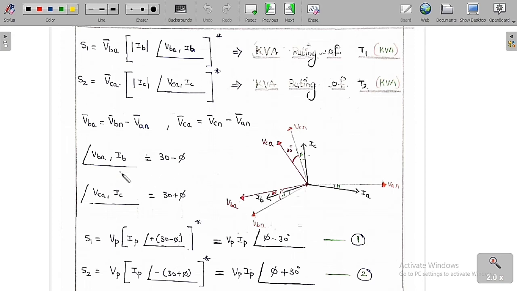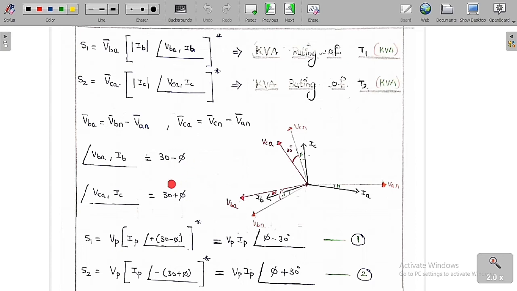What is the phase angle between VBA and IB? It is nothing but 30 minus 5. Similarly, the phase angle between VCA and IC is equal to 30 plus 5. So you can see clearly that the phase angle between VBA and IB is 30 minus 5, and the phase angle between VCA and IC is 30 plus 5.